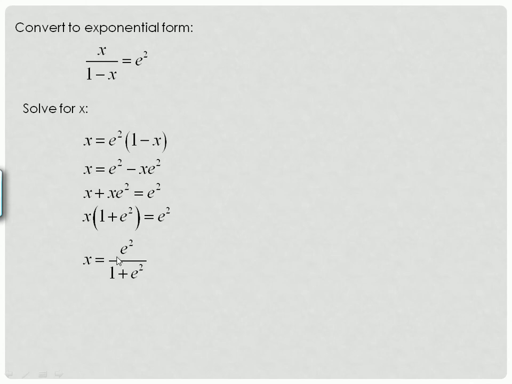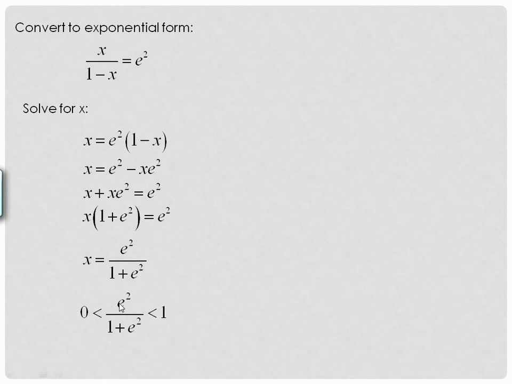So the question is, is this value in between 0 and 1? And I say, yes, it is. You can type that into your calculator if you want to, or just think of e squared as really any number you want it to be. If we know that e is about 2.7, let's round that up to 3.